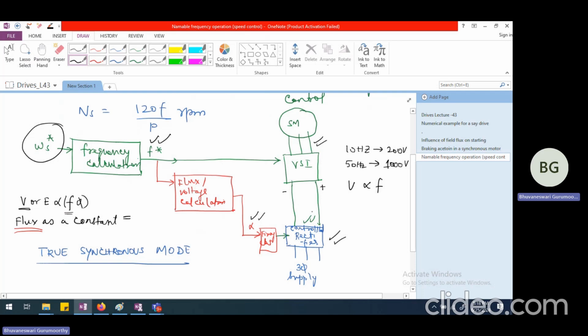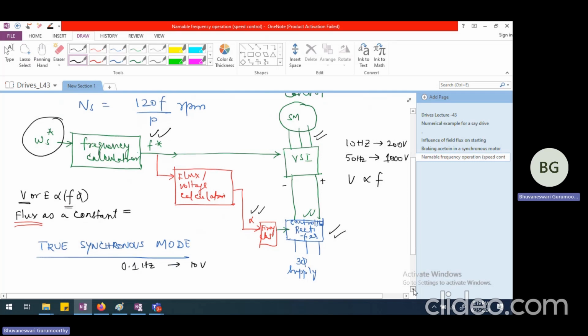So if I want starting of a synchronous motor using a voltage source inverter, I'll first start with maybe 0.1 hertz. Corresponding to 0.1 hertz, I may have only 10 volts applied.